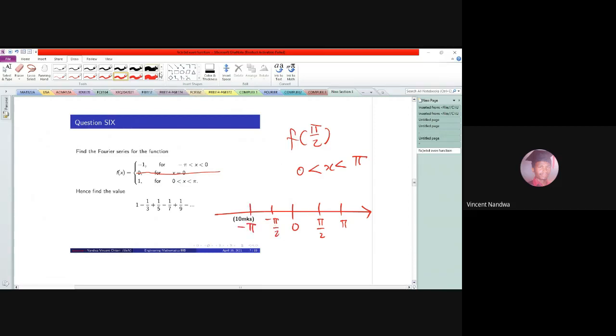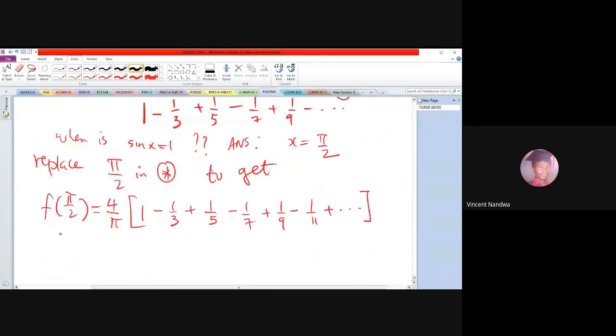Pi over 2 is a value between 0 and pi, and between 0 and pi the value of the function is 1. So therefore, f of pi over 2 is the same as 1.